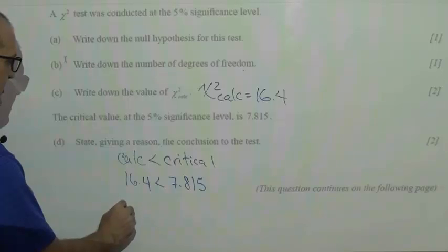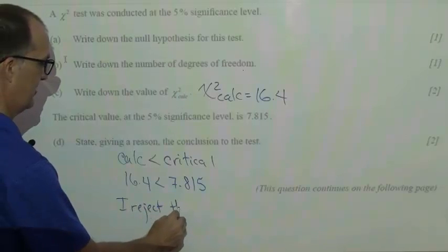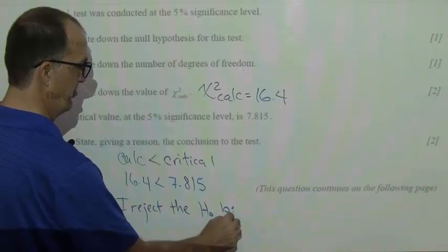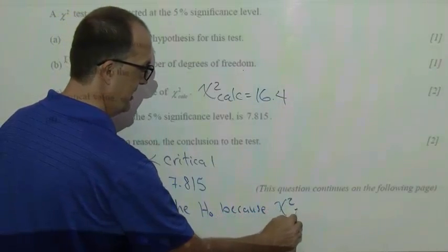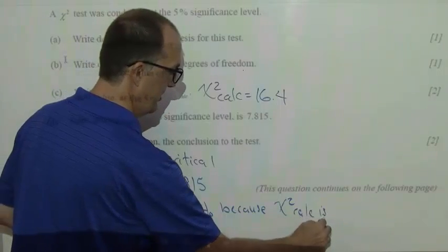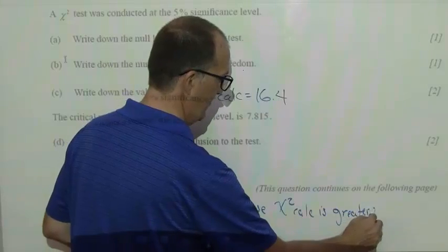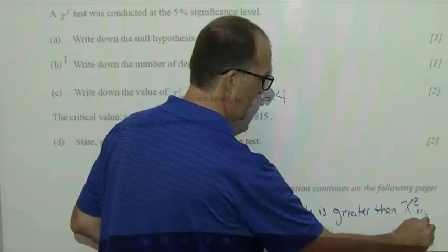And yes, you can simply say, I reject the null hypothesis because chi-squared calc is greater than chi-squared critical.